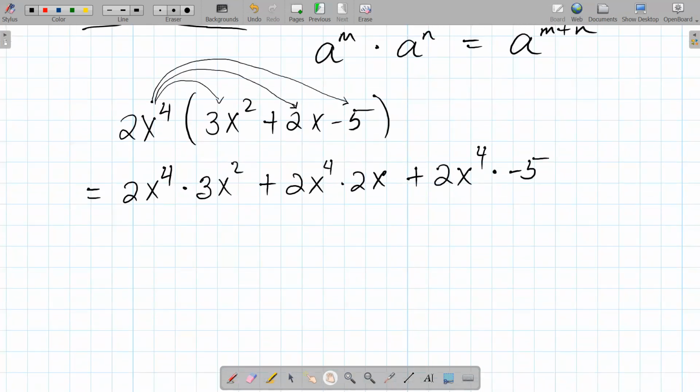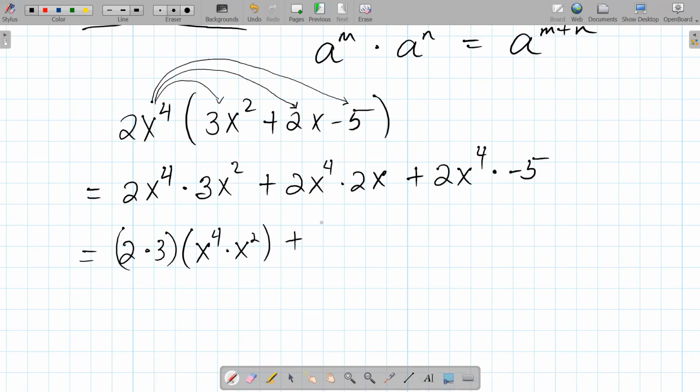From here, we can always multiply the coefficients 2 and 3, and then we can also multiply the exponents.